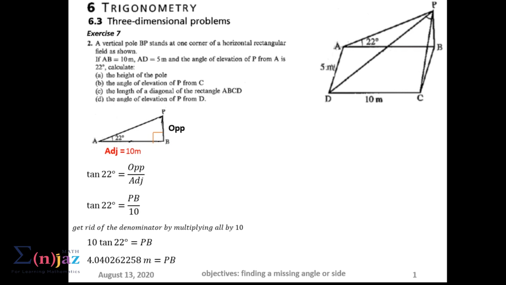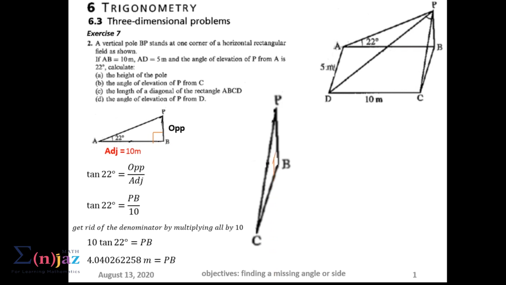Of P from C. Like I said, always draw a little sketch of the triangle that you're going to work on. And the triangle here is going to be PBC, or we can name it as CBP, which is this one.